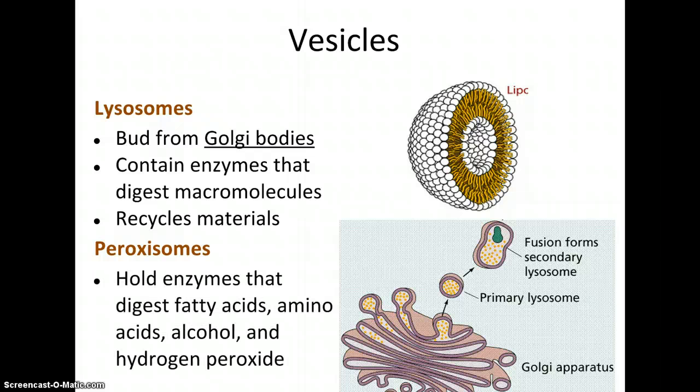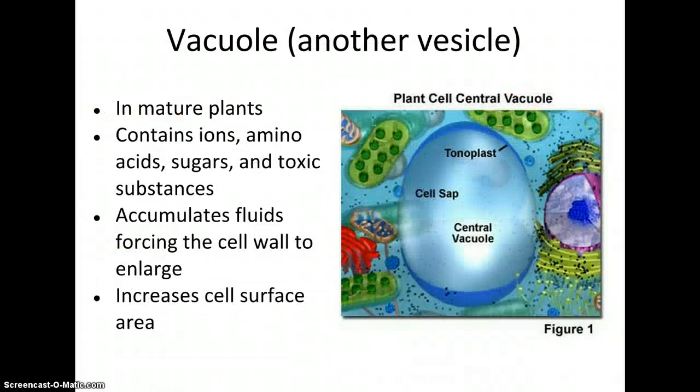Peroxisomes are also these enclosed vesicles that have enzymes in them that detoxify, essentially. Hydrogen peroxide in your body is not so good, and peroxisomes help to break it down.